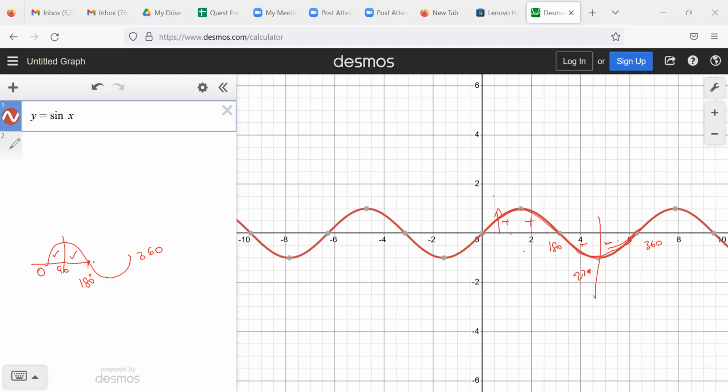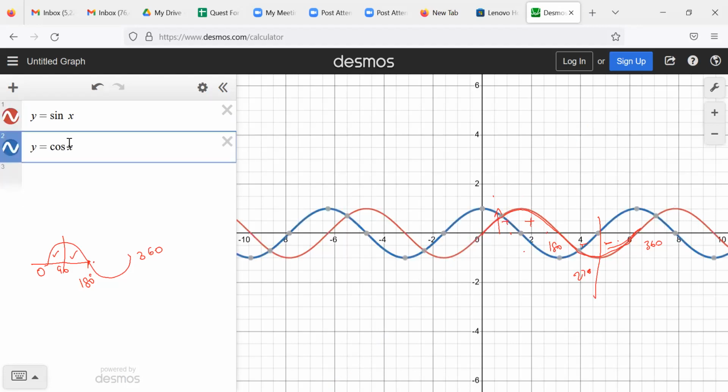For example, if I draw now the cos graph. Okay, so the blue graph, it is positive. See where it is positive. It's positive in the first quadrant. And in the second? In the second, it is negative.